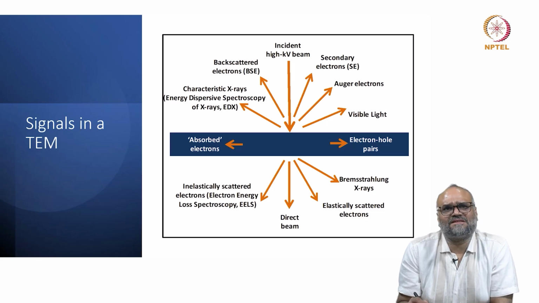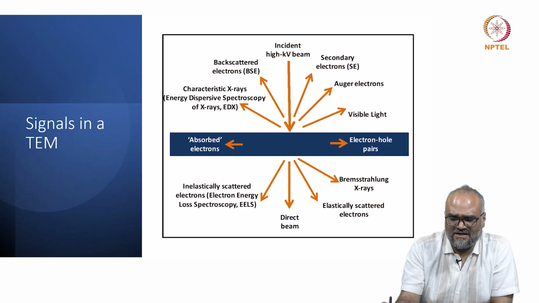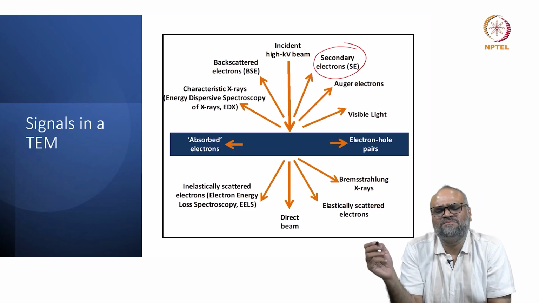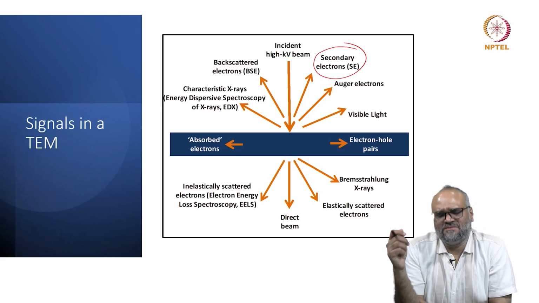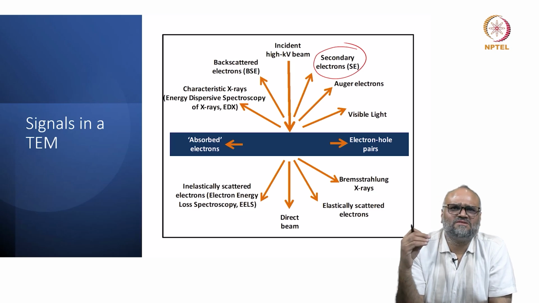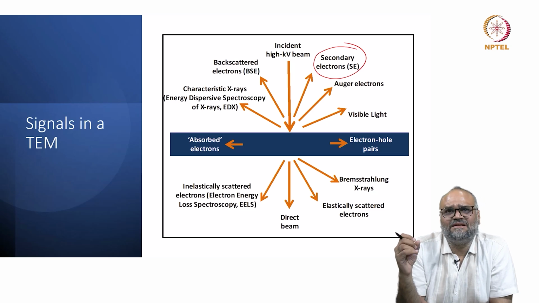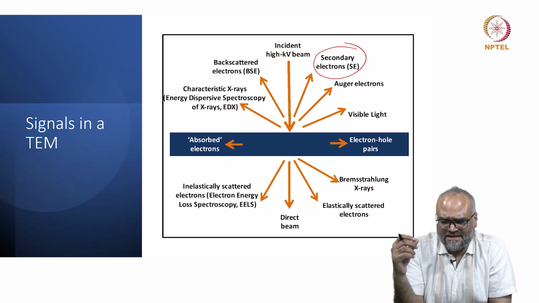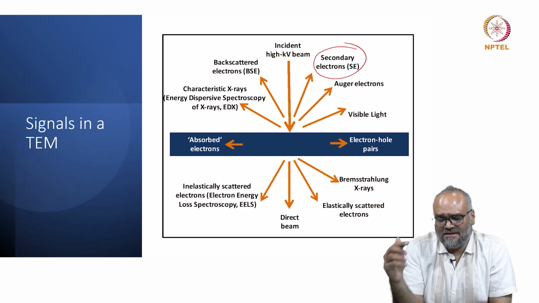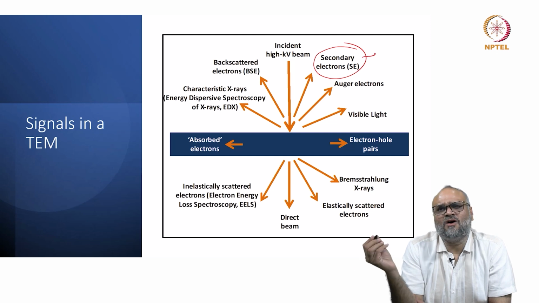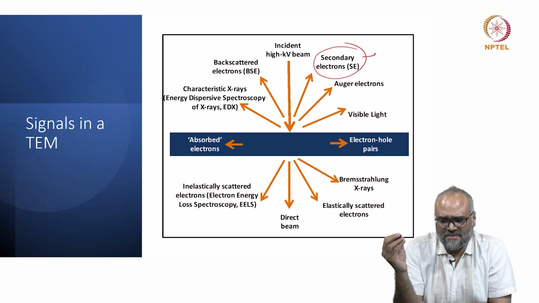One of the first kinds of signals you see is called secondary electrons. When an electron beam strikes an object, you can cause excitation of loosely bound electrons within the material, and they are ejected out as secondary electrons. These secondary electrons are commonly used for imaging in a scanning electron microscope.